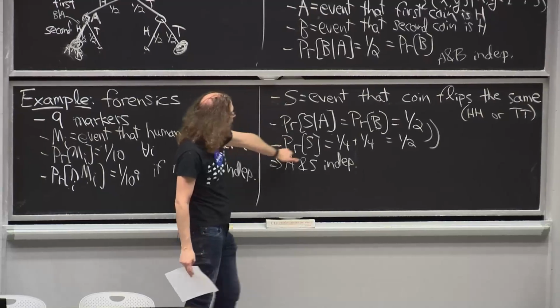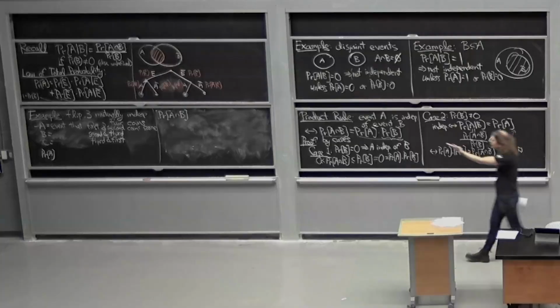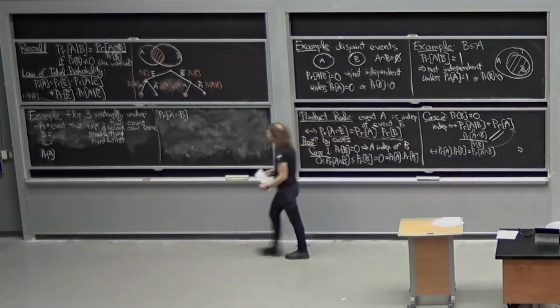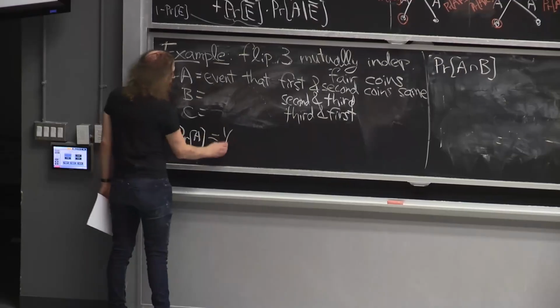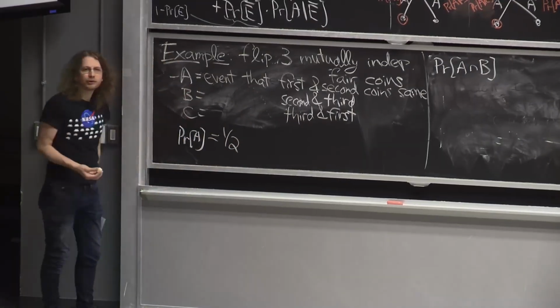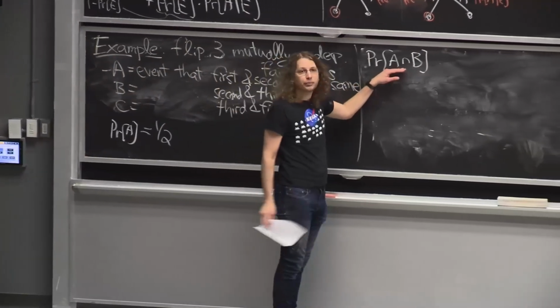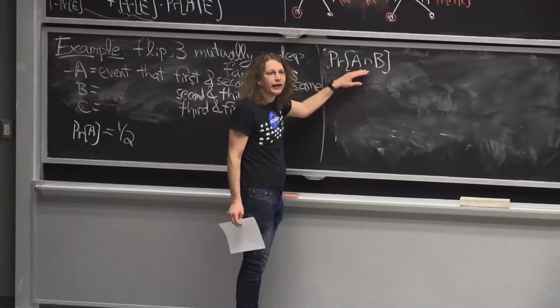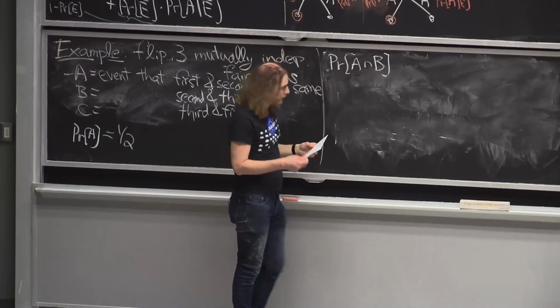That probability was 1/2. So the probability of A here, sorry for the relabeling, is just like the probability of S before, and so it's 1/2. The probability of each of these events is individually 1/2. So what we would like is for the intersection of 2 of them to have probability 1/4, 1/2 times 1/2. So let's see if it is.